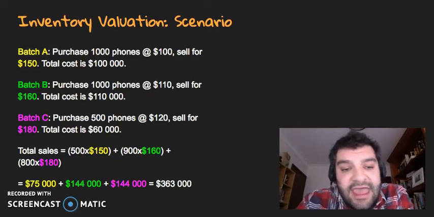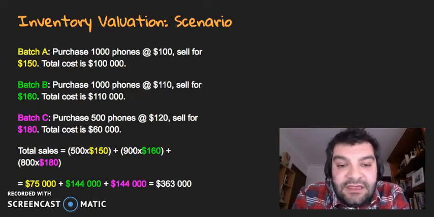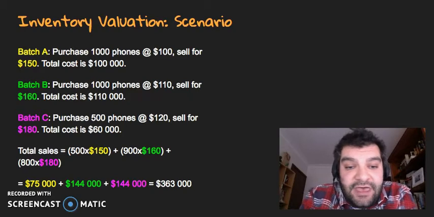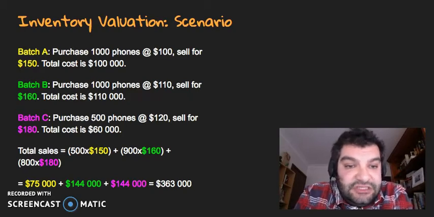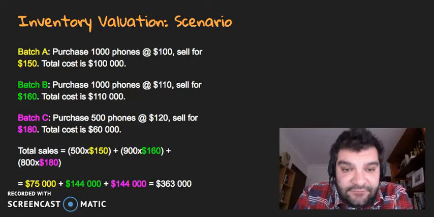And in March, they sold 800 mobile phones, and they sold them for $180 each. So the math down the bottom would be 500 times 150, so $75,000. That's how much they made in January, just from selling them.